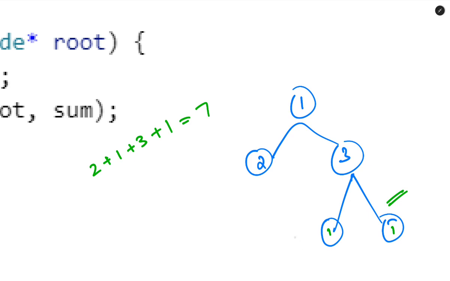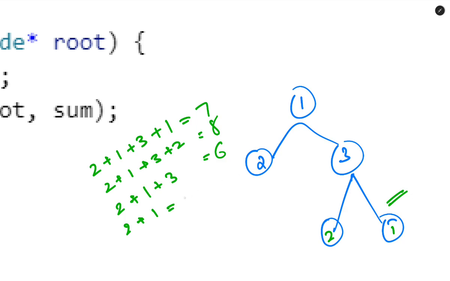And one more path, 2 plus 1 plus 3 plus 2, is just one greater, 8. Then 2, 1, 3 is one more possible path, although this is not our answer: 2 plus 1 plus 3 is 6. This is also one of our paths, but the maximum path which I will be getting is this.